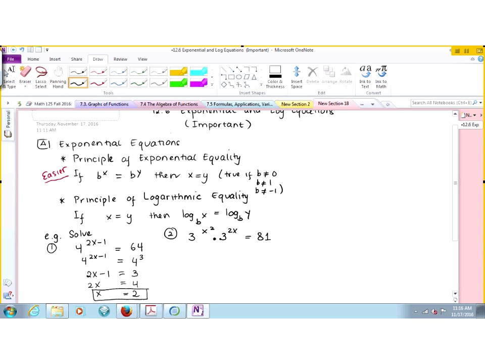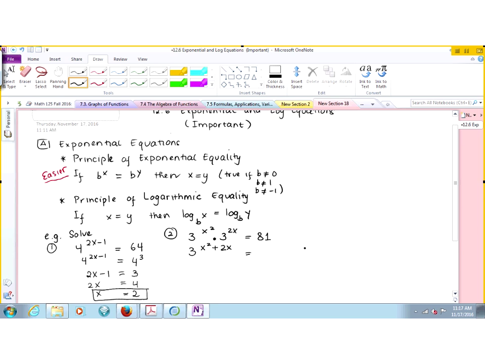What happens if you multiply two numbers with the same base? You add the exponents. 3 raised to the x squared plus 2x is equal to 81.